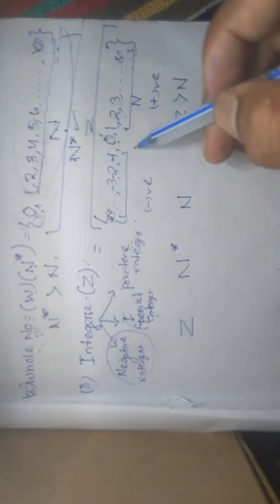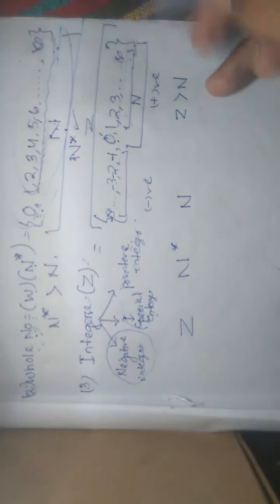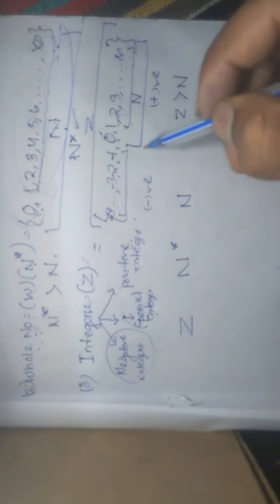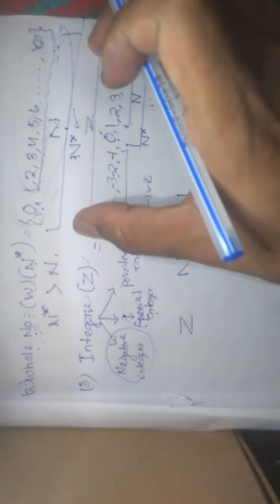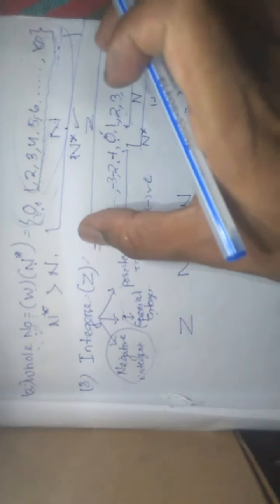So we can write Z is greater than N. Now from 0 to infinity is known as whole numbers. The total set is known as whole numbers, but this is the integer set. So which one is larger? Z is larger. So you can write Z is greater than N star.